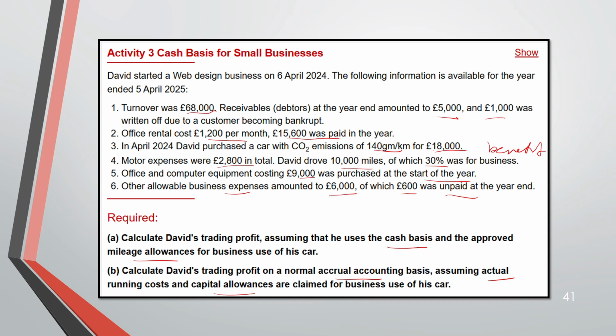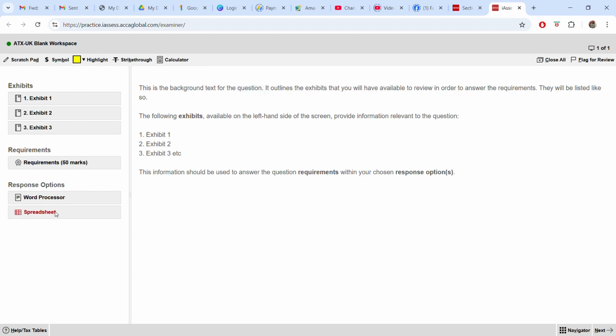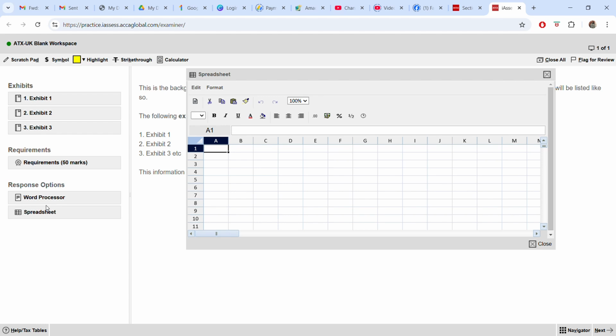So now let us solve this question under both cash and accrual basis. So take any blank workspace on your CB platform and you will get the response option. So we will be doing all our calculations in the spreadsheet.